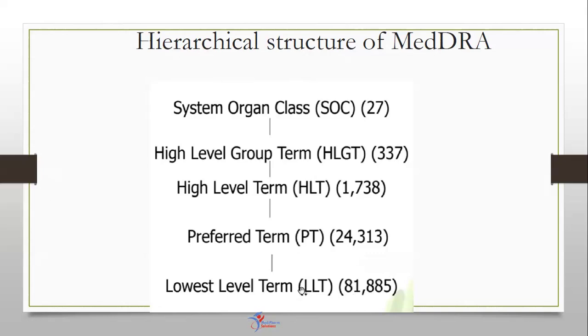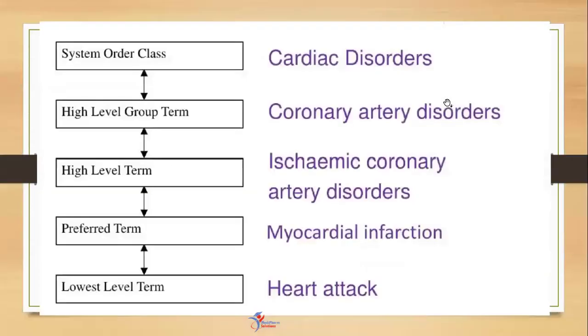And that will be changing every time because new things are happening, and the subject matter experts in MSSO are trying to make this data entry efficient and concise. So whatever they are receiving, they are just trying to update it. I'll explain with an example so that you will be able to understand what this hierarchical structure means.